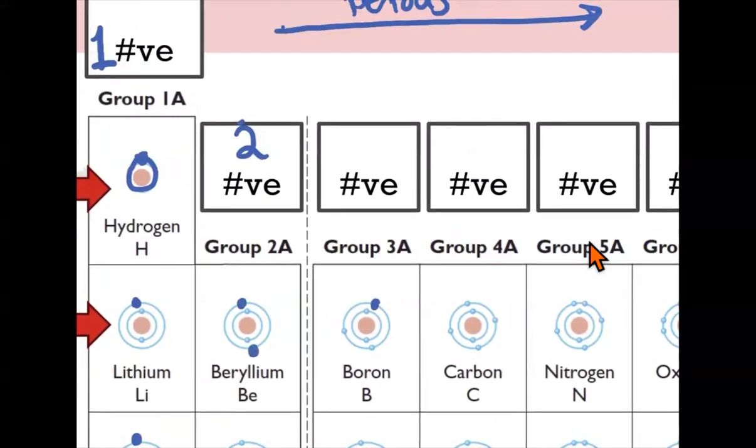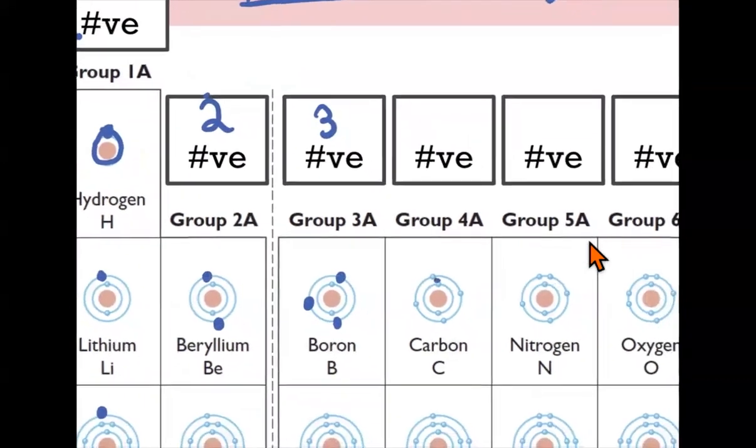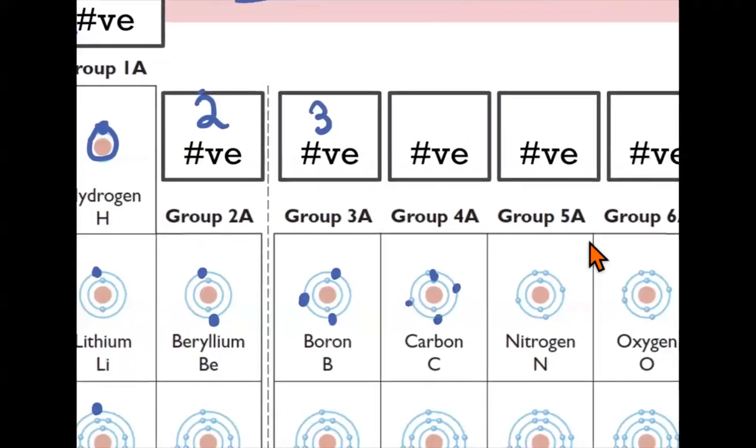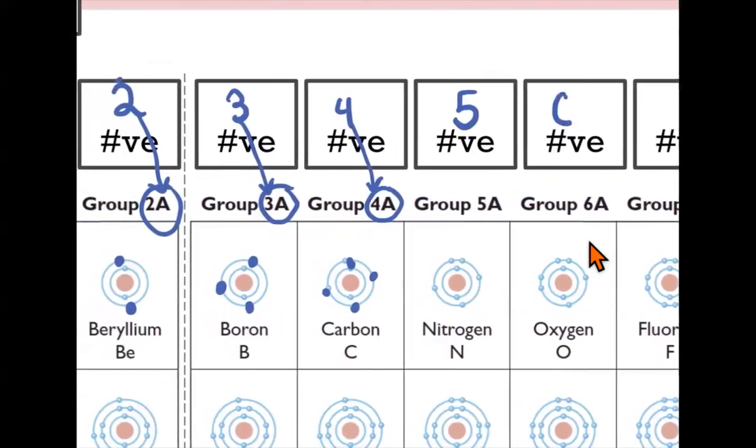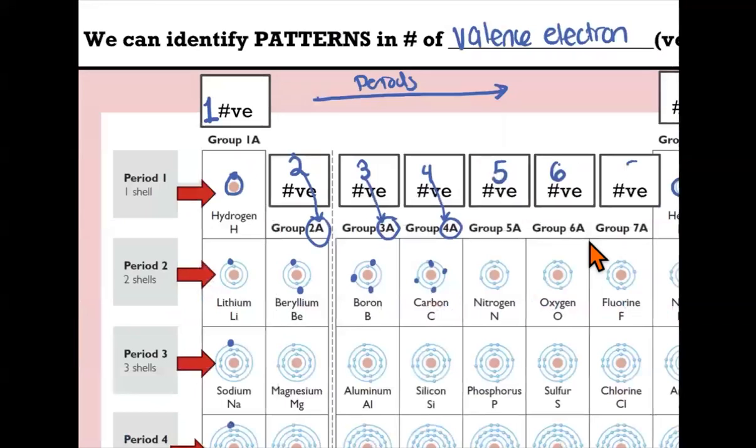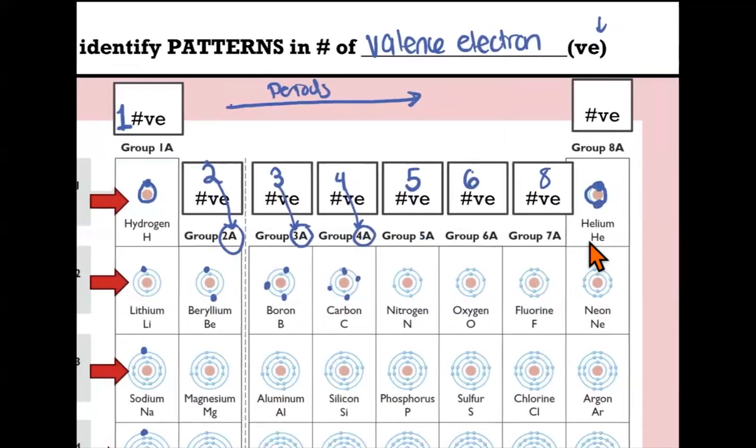Here there are 1, 2, 3. Here there are 1, 2, 3, 4. And I think you're identifying a pattern that all these numbers correspond to the group number, which is why we call these main group elements.